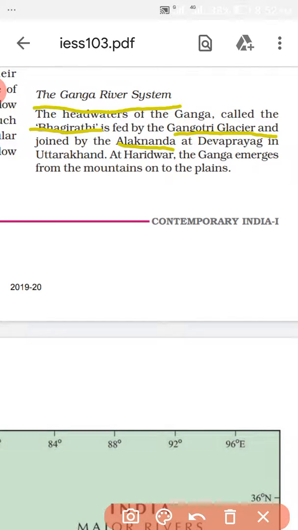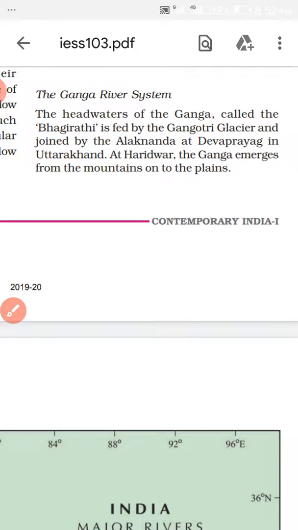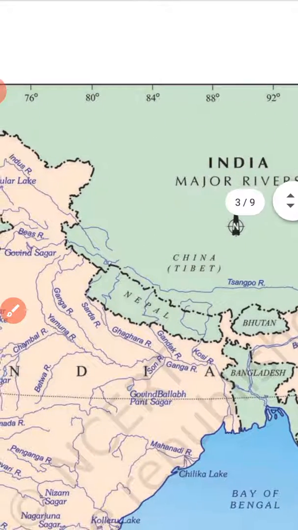These two rivers join at Devprayag, and Devprayag is in Uttarakhand. The river Ganga at Haridwar emerges from the mountains onto the plains. Now you have to see it on the map.